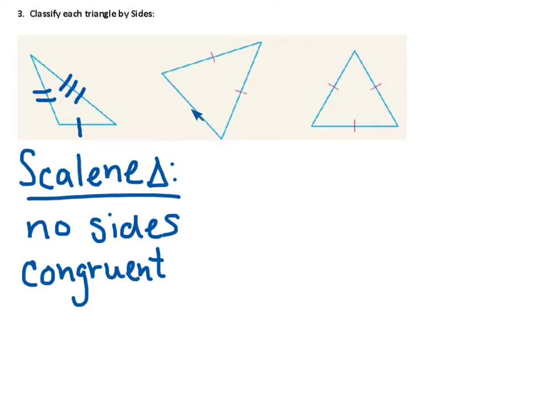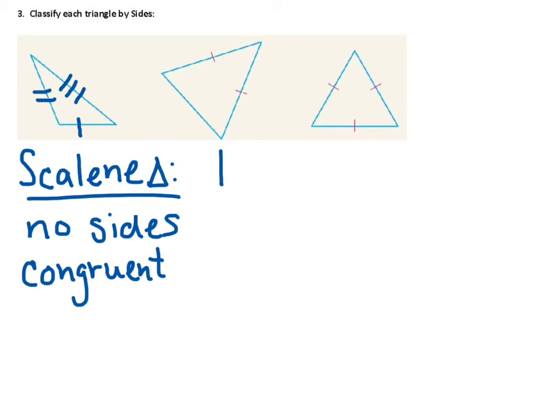We don't know if this 3rd side is congruent to this side or this side, but remember, when we have the same amount of slashes through segments within a diagram, that's to indicate that the 2 sides are equal to each other. So if we're given that 2 sides at least are congruent to each other within a triangle, then we can classify that type of a triangle as an isosceles triangle.